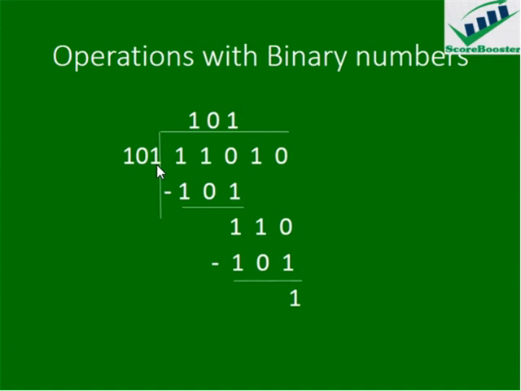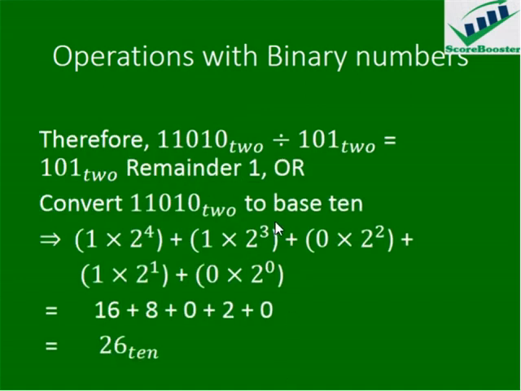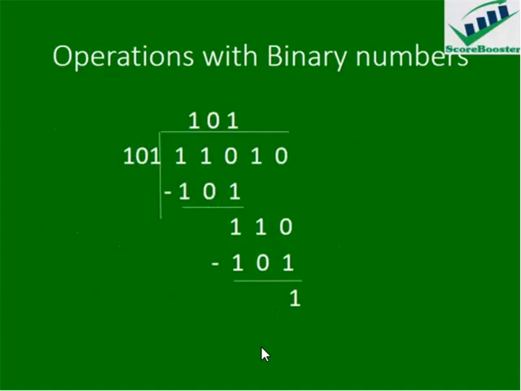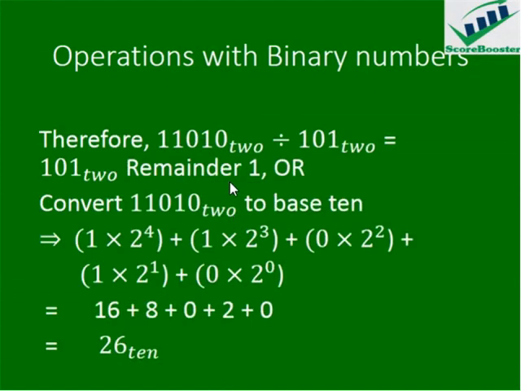So now we want to write the answer. 11010 base 2 divided by 101 base 2 equals 101 base 2, which is the quotient, also in base 2, and the remainder is 1.